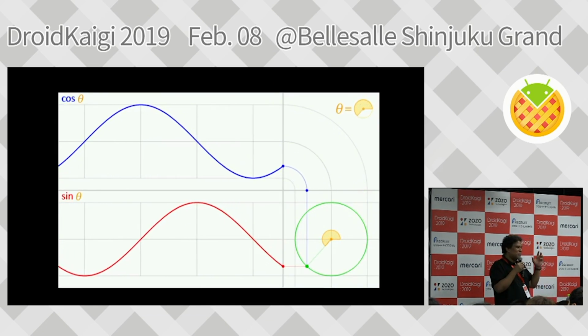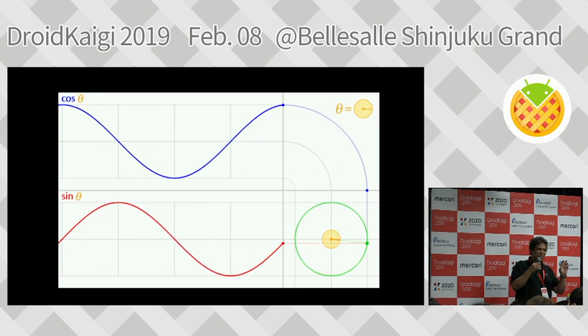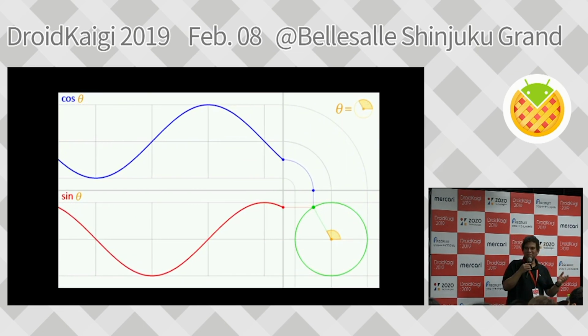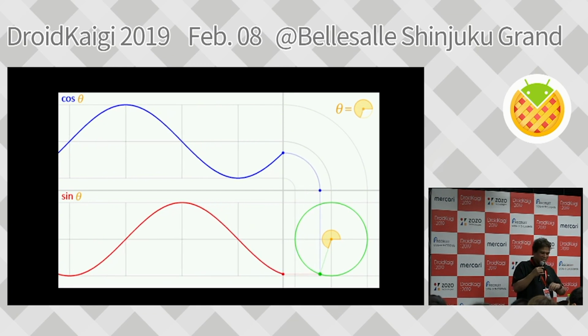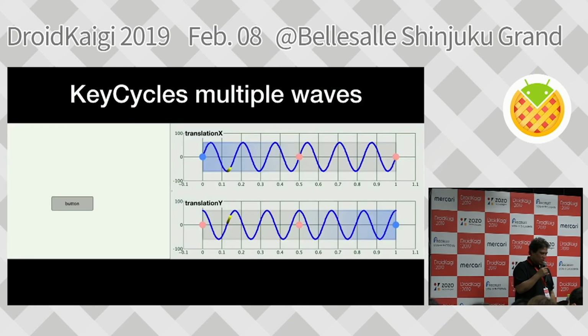Now, we all remember from our math that a circle is a sine and a cosine: a sine in X, a cosine in Y. Well, we can produce circles by taking 2 key cycles and applying one for translation X and one for translation Y, one a cosine, one a sine.